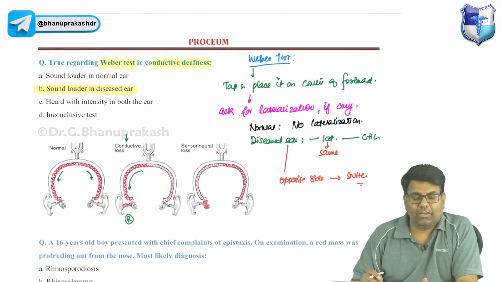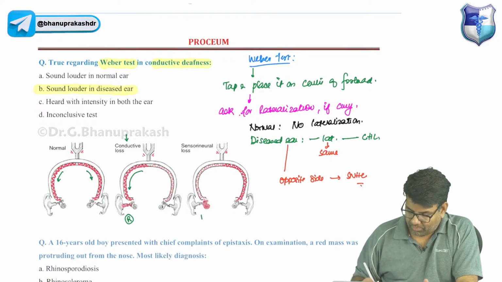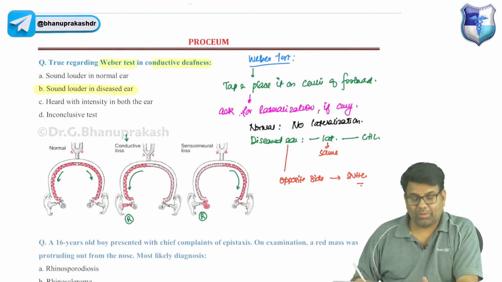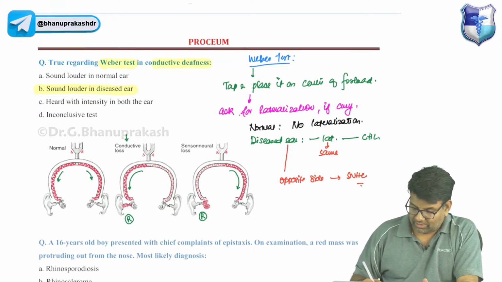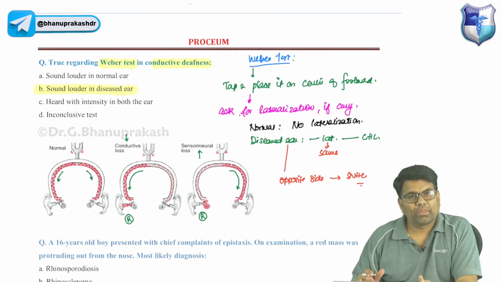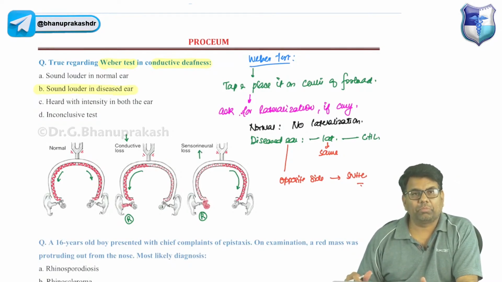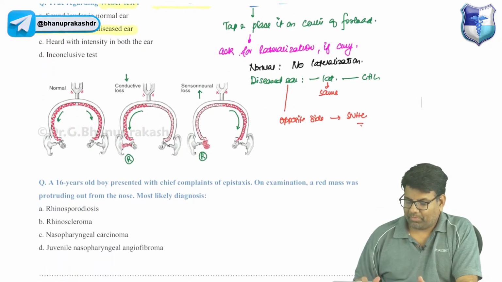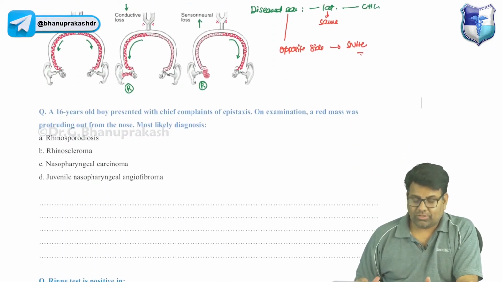If the problem is in the right ear but the patient is hearing better on the normal side, then you will say the right side has sensorineural hearing loss. This is how we interpret the Weber test.